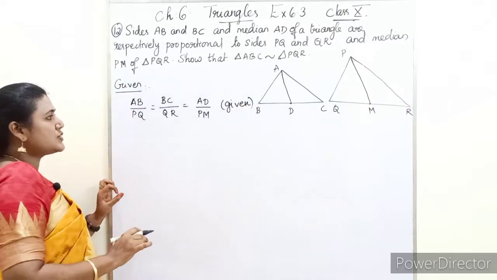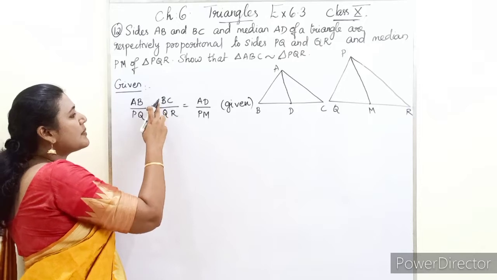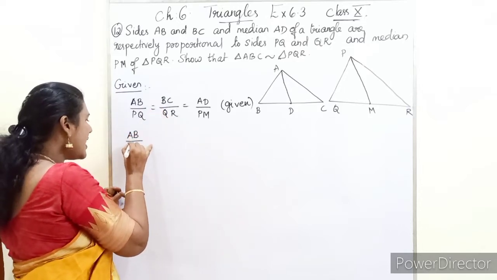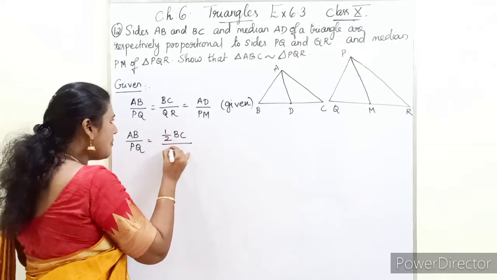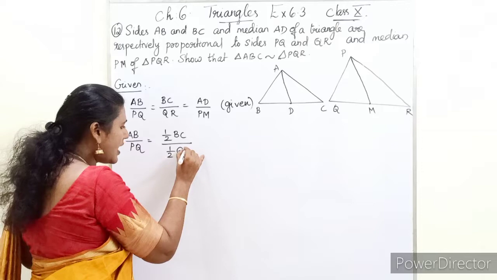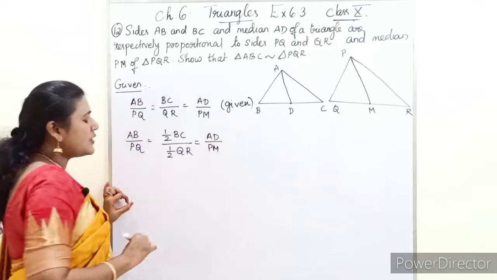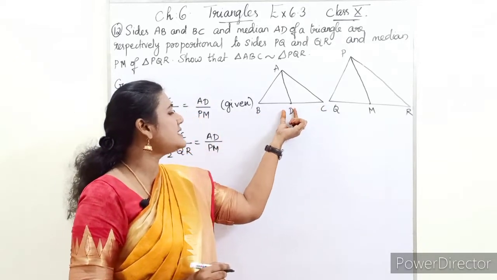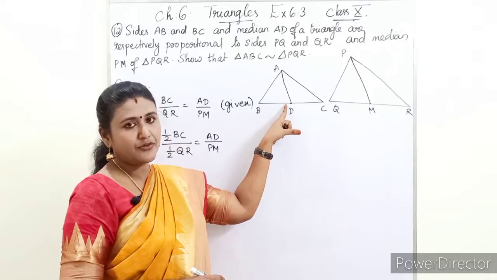Now what we are going to do here, in the middle ratio we are going to multiply by half. So we can write AB by PQ is equal to half of BC by half of QR is equal to AD by PM. Now we will see what is half of BC. You know that AD is the median, meaning D is the midpoint of BC.